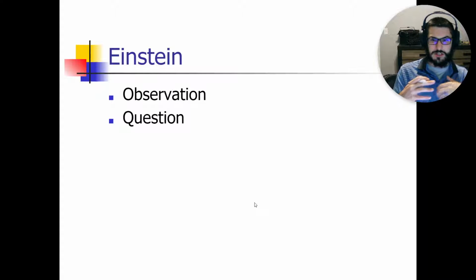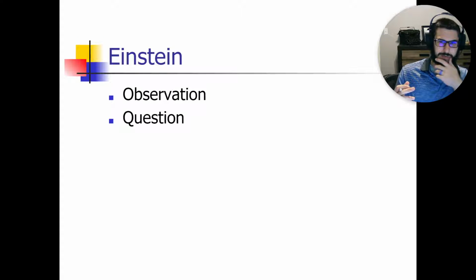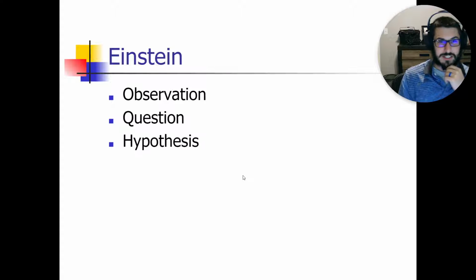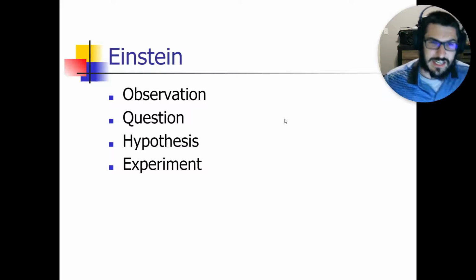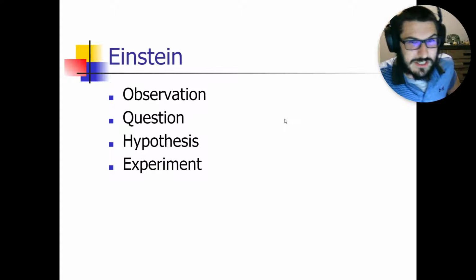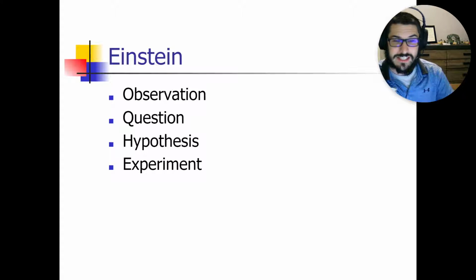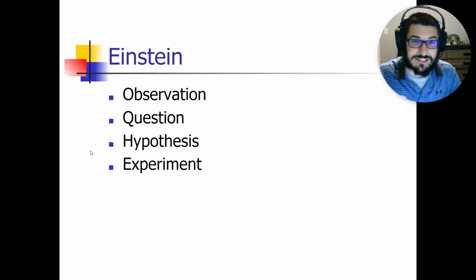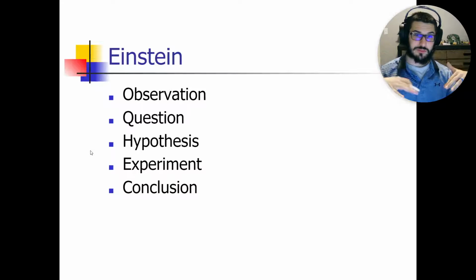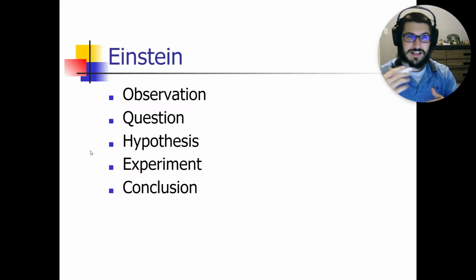He asked a question about how light travels and how it would be impacted by either gravity or movement. He made a hypothesis about what that would look like, and then he did not come up with the experiments or actually perform them, but later on those experiments did confirm the hypothesis that he had about the way that light traveled and how it interacted with gravity and speed. And then as a result, we've come to a conclusion about Einstein's gravity or theory of relativity.